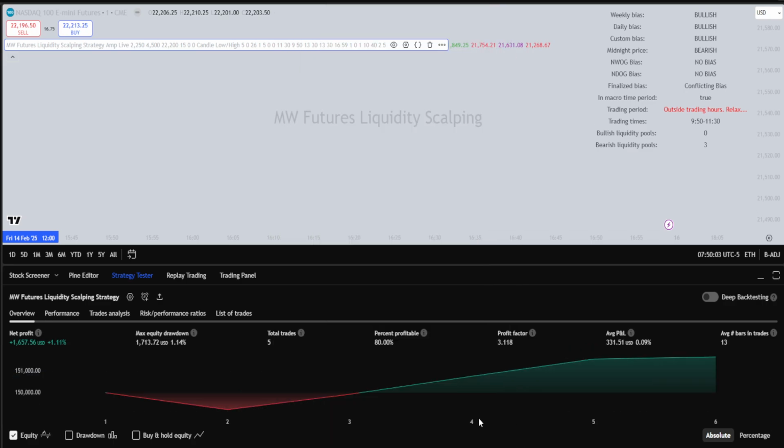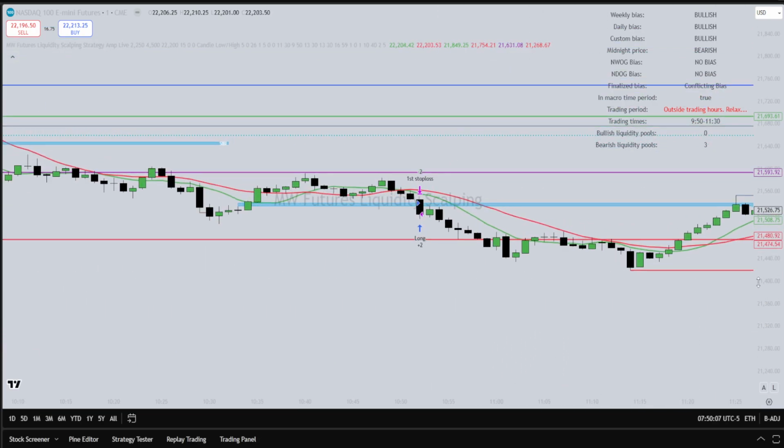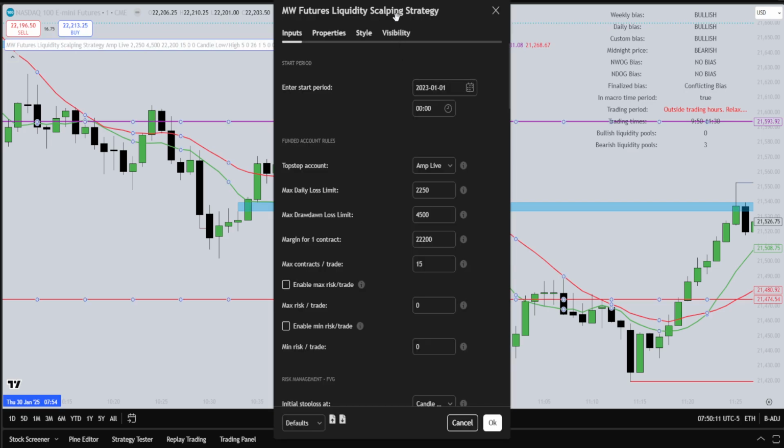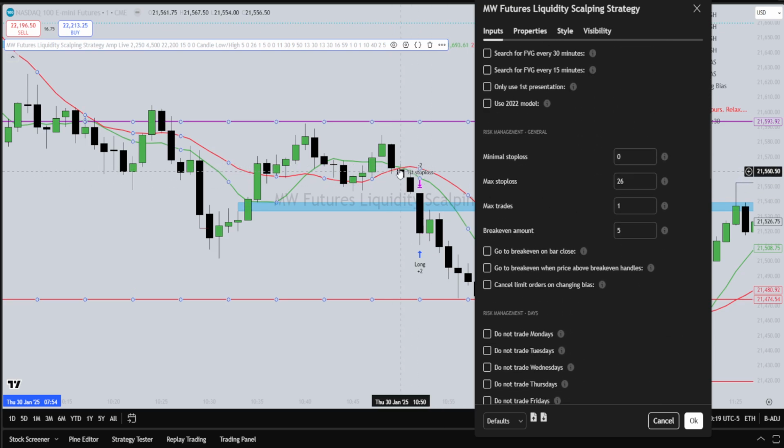So is there another way that we can prevent this actual trade? What you could do, for example, in this particular trade is, all right, we see that our bias changed on this particular candle. So a way to prevent this trade is to actually check this particular option, cancel limit order on changing bias.